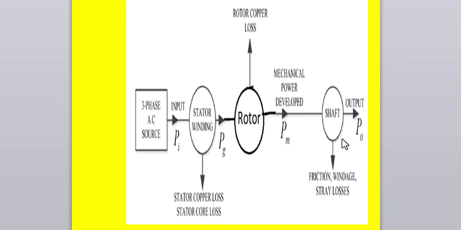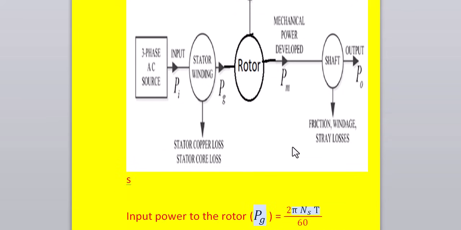And further, if the friction and windage losses are subtracted from this mechanical power developed, then whatever we get is called the gross output power, that is P naught. So in this case, the relation between rotor input, rotor copper loss, and mechanical power developed is established.